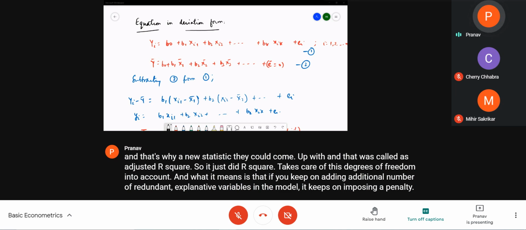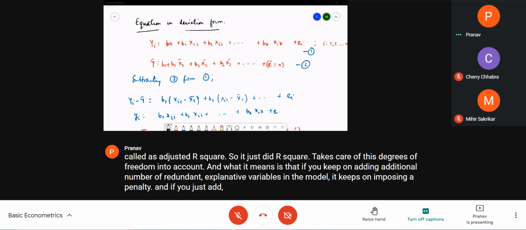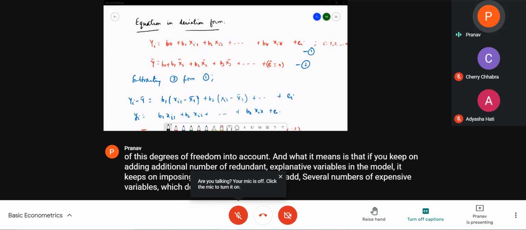And if you just add several explanatory variables which do not explain additional variation in Y, your adjusted R square might turn negative as well.